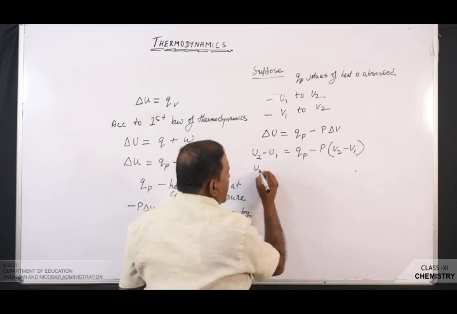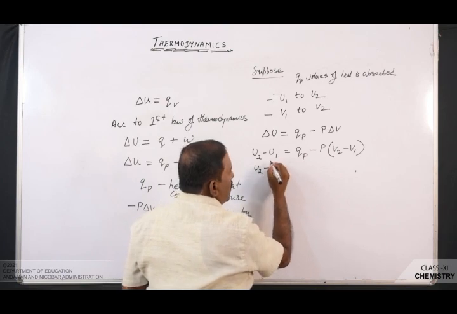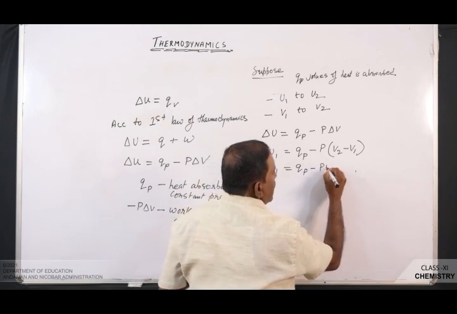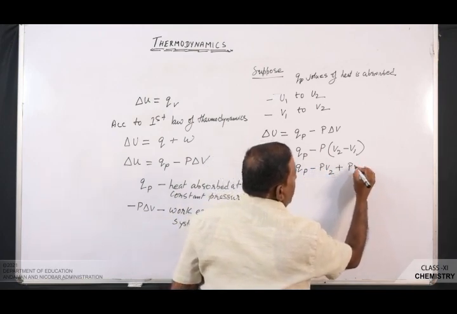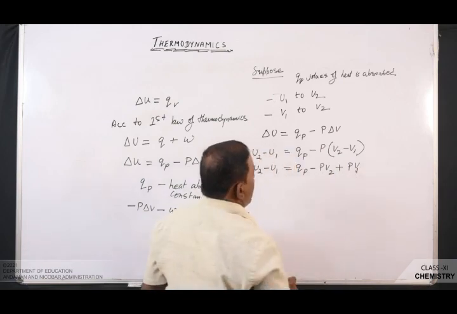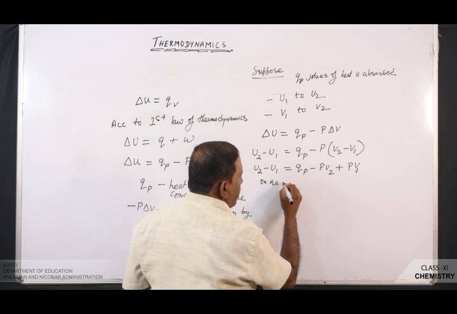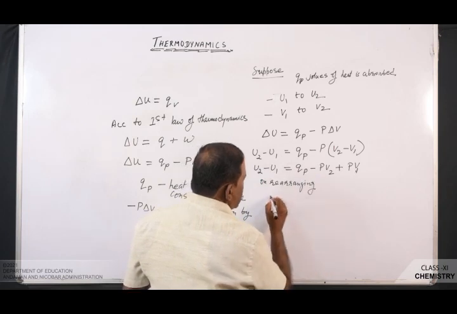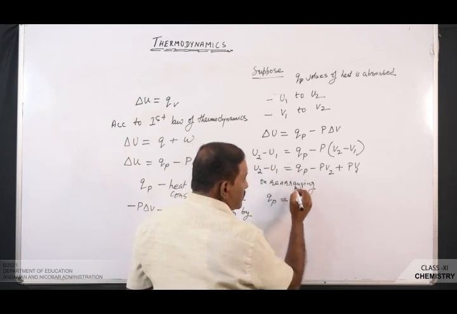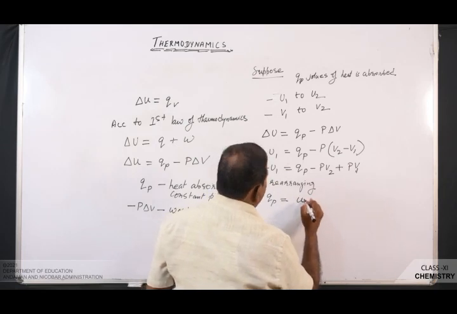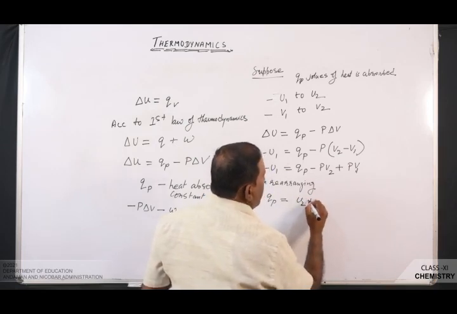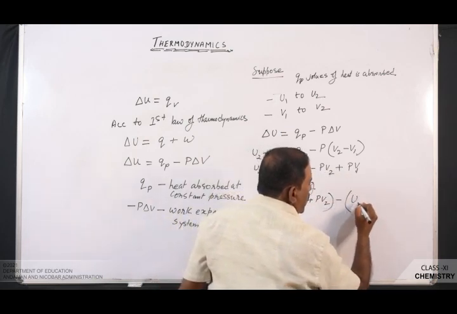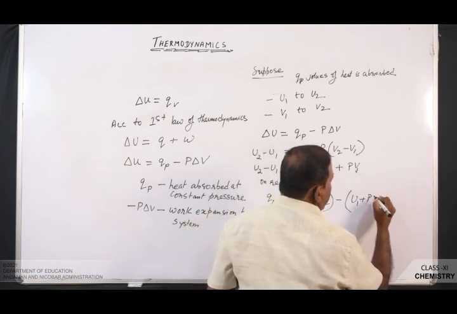Now this can be further written as U2 minus U1 is equal to QP minus P V2 plus P V1. Okay. Now on rearranging, we will get QP is equal to U2 plus P V2 minus U1 plus P V1.